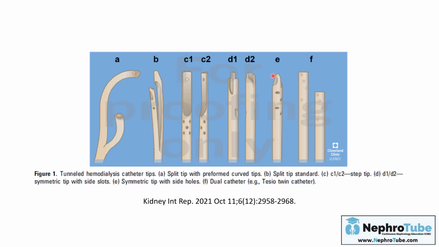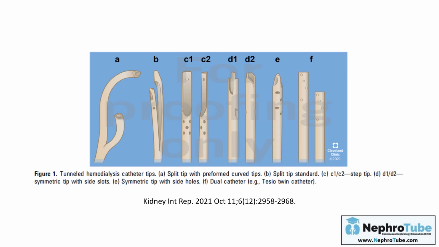Maybe the most famously used in many areas is the symmetric tip with side holes. And this is also the common shape for the non-tunneled venous catheter. So all of these you can find in the tunneled venous catheter, and this shape you find commonly in the non-tunneled venous catheter.